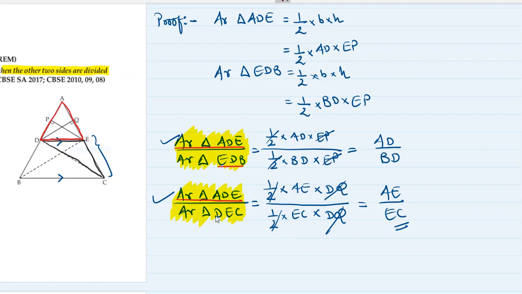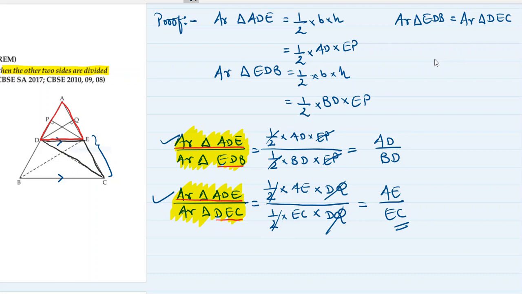In the denominator of the second fraction, I have triangle DEC. So for the denominator, I'm going to write area of triangle EDB is equal to area of triangle DEC.